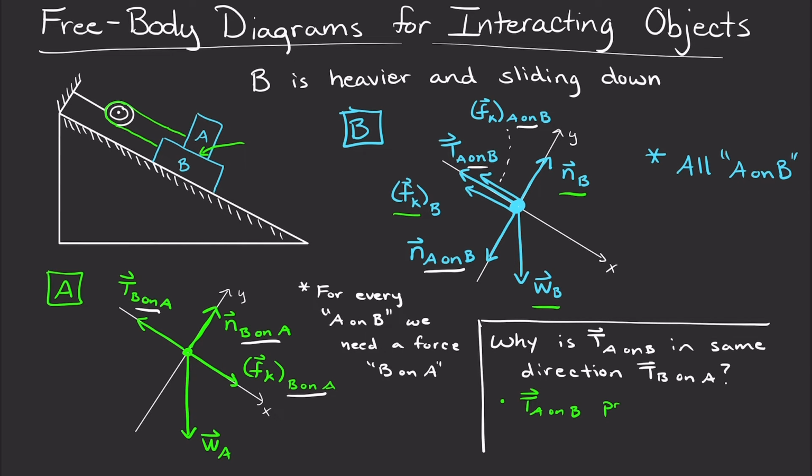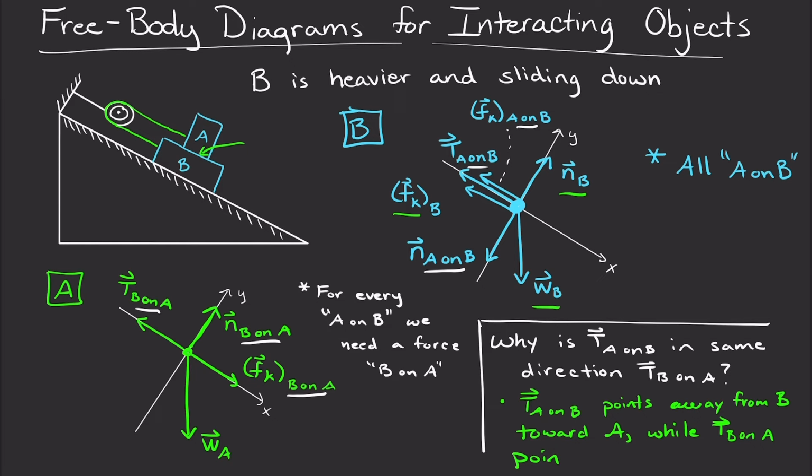T A on B points away from B toward object A, while T B on A does the opposite.